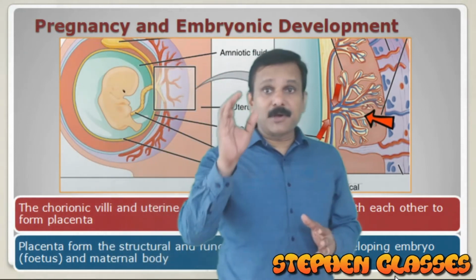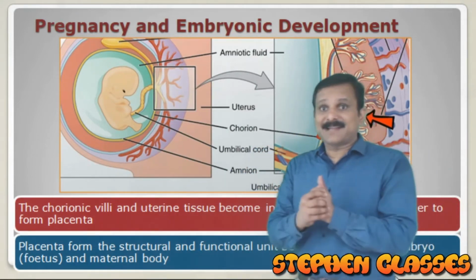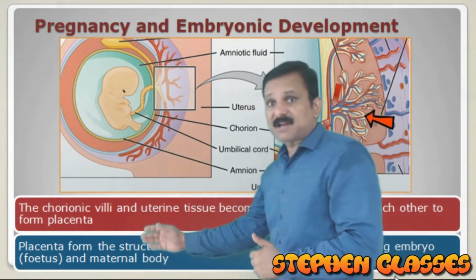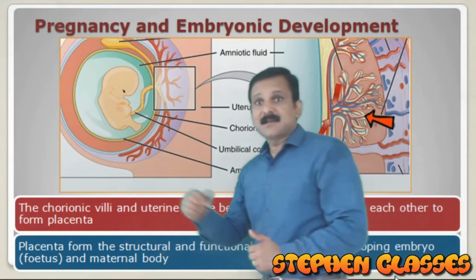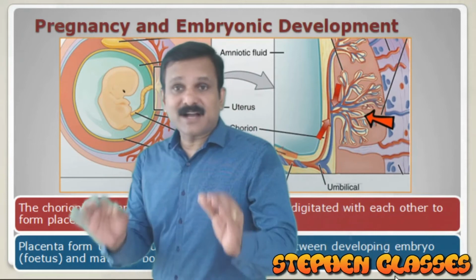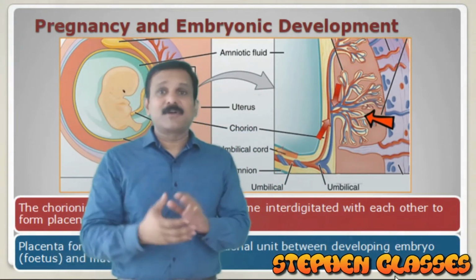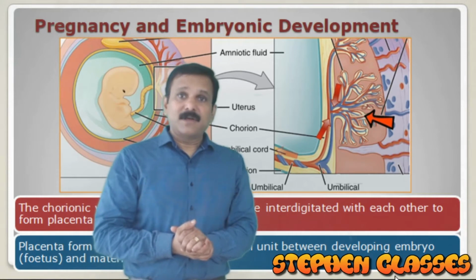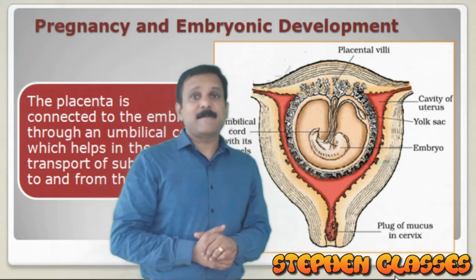The developing embryo or fetus and the maternal body will be connected by this unit known as placenta. So here I have explained the formation of the placenta very clearly. Now in the next slide we are going to know more about this placenta.